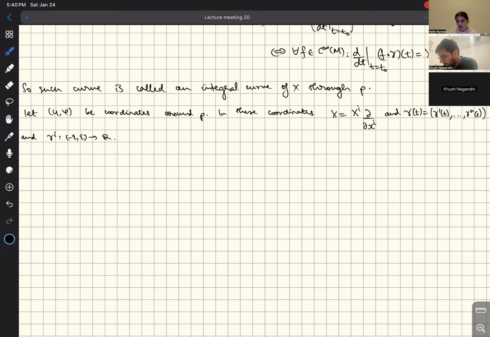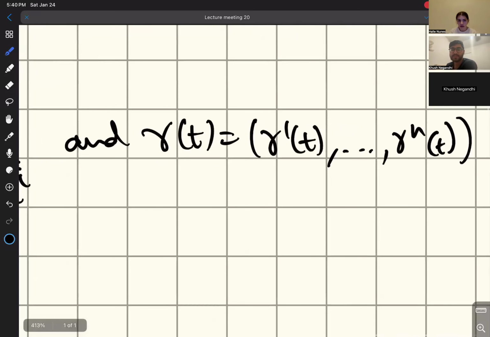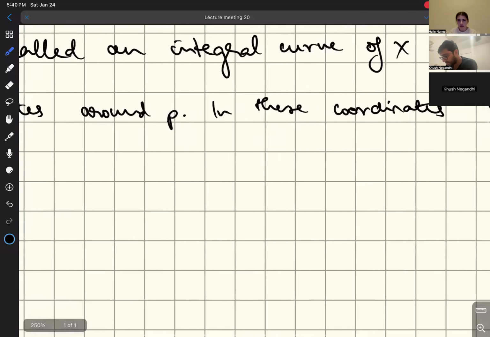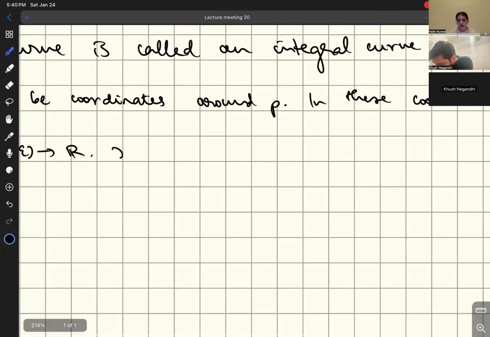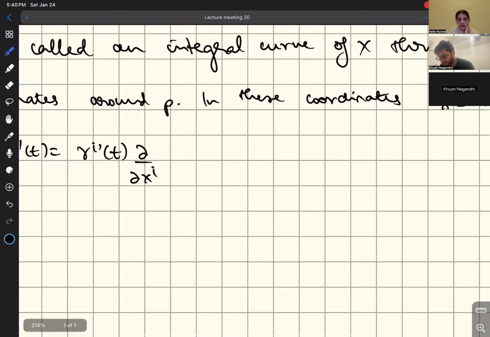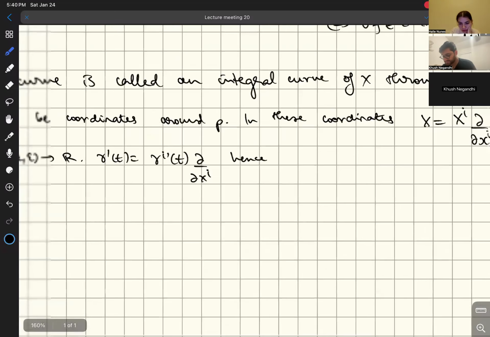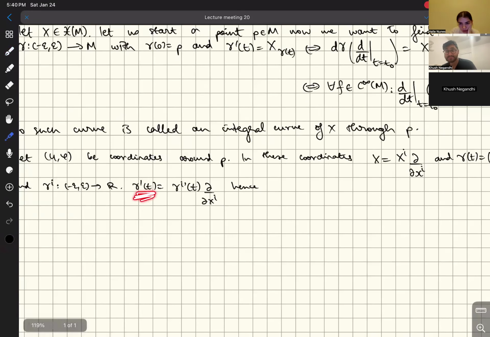Okay. Now since this is just a vector valued function in R, we can differentiate it the way we usually do. And then we see that gamma prime of t is nothing but gamma^i prime of t ∂/∂x^i. Hence we need that this thing equals this thing at every point on the curve.